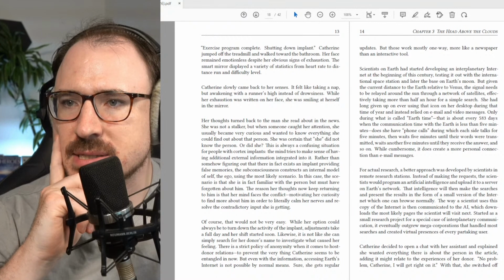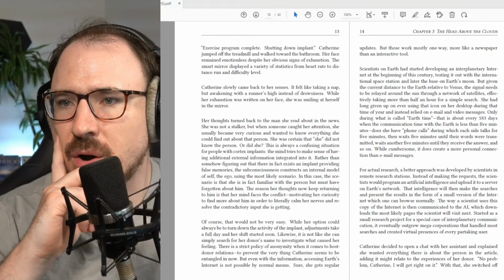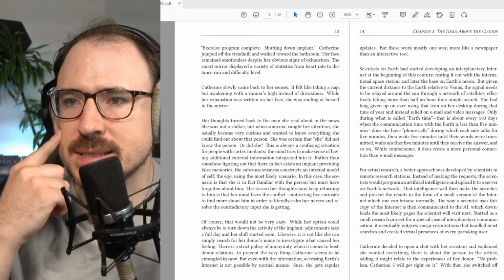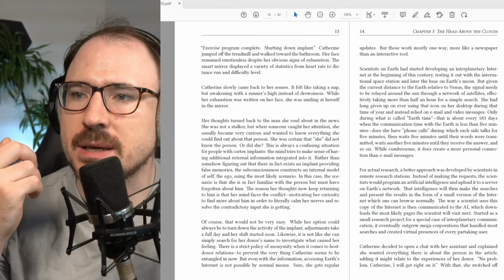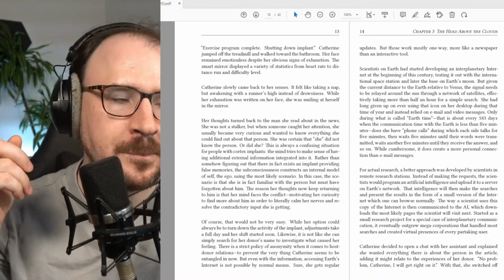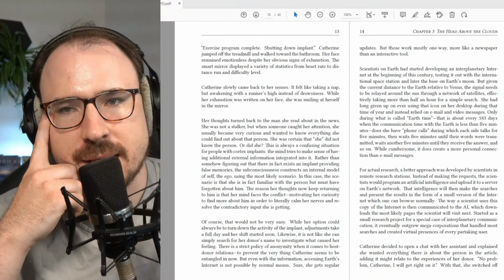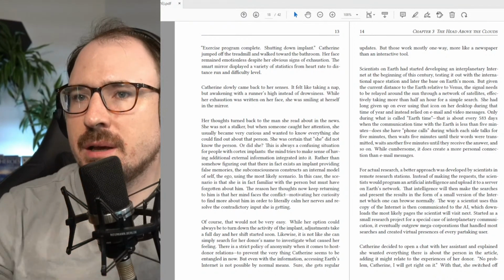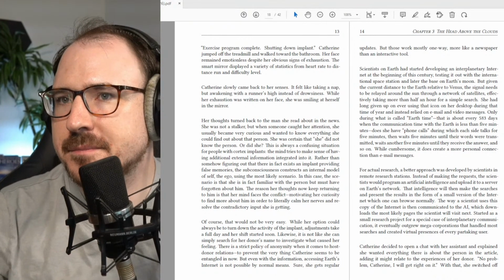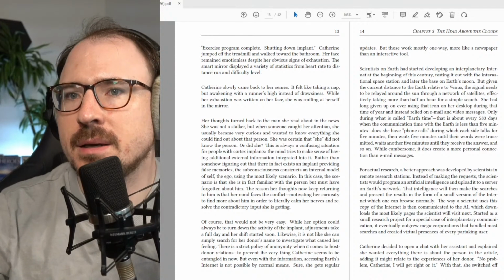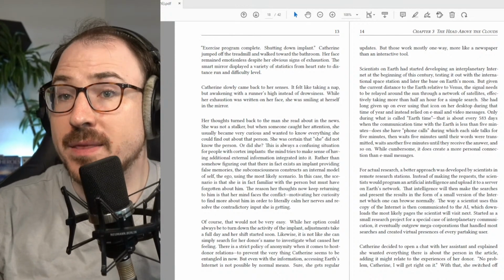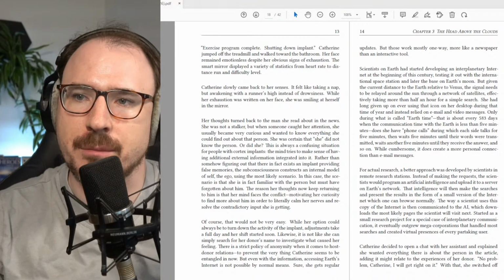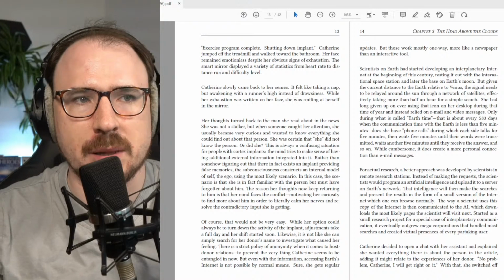There is a strict policy of anonymity when it comes to host-donor relations to prevent the very thing Catherine seems to entangle in now. So this would be a good point of, again, explaining why there is a strict policy, and maybe give some examples how this new technology has changed the situation on Earth and maybe led to problems on Earth.